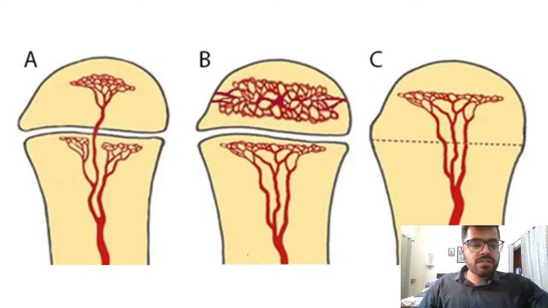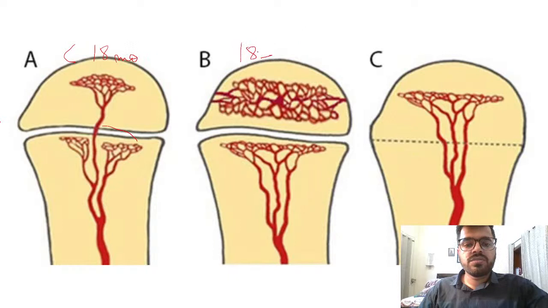So here is the vascular anatomy of a child. This is a child less than 18 months, this is 18 months to 16 years, and this is an adult more than 16 years.